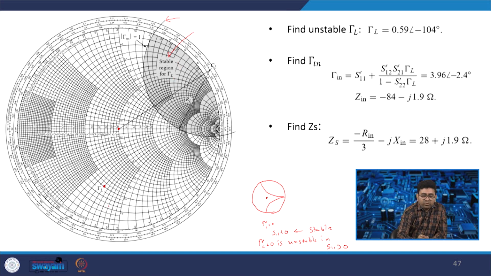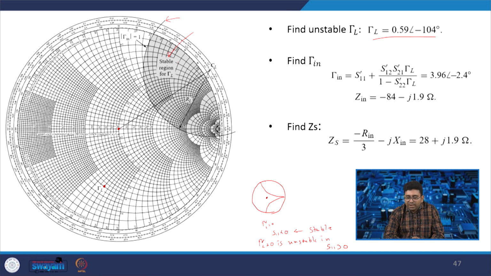We need to make sure that this gamma L will not reach the stable region for different frequencies. That is why we choose it very far compared to the stable region. Otherwise, we cannot have oscillation. So, for gamma L we can choose a value of 0.59 with an angle of minus 104.